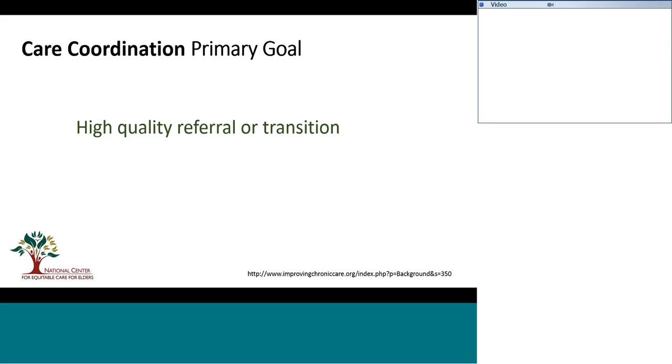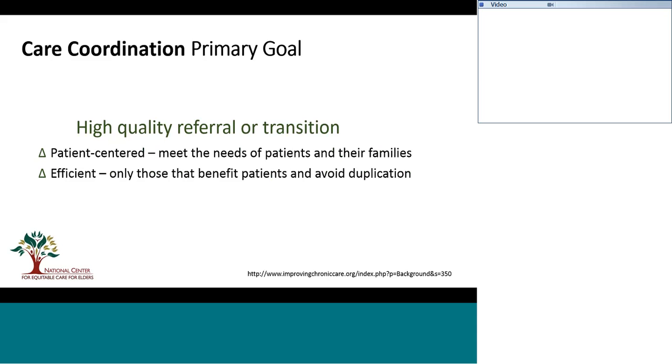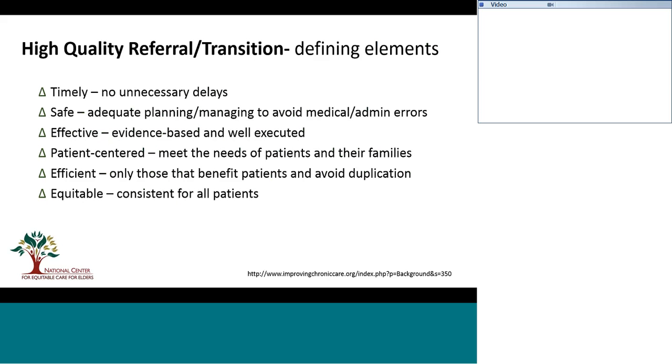A transition is when a patient's overall care might be transferred between different groups, such as from primary care to hospital or from hospital back to primary care. So when we think about high-quality referrals and transitions, what are some of the defining elements that are necessary?